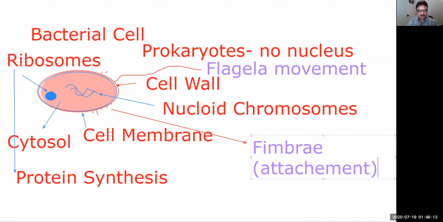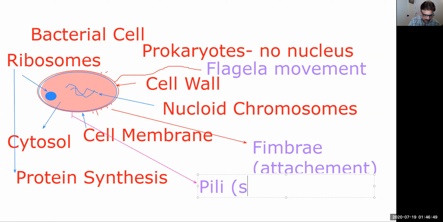So flagella, fimbria. The third appendage that bacteria have is called pili. And this helps in sexual propagation.